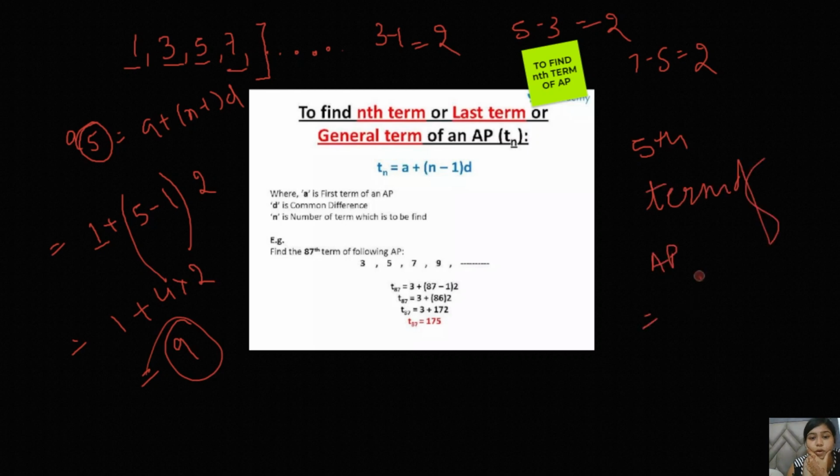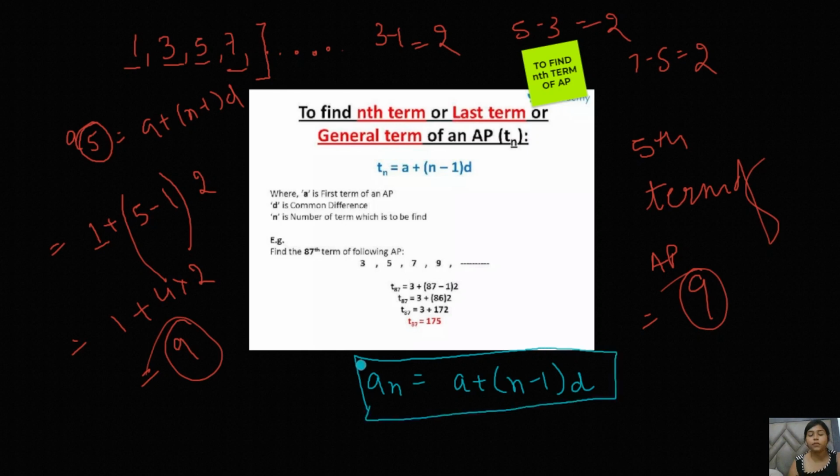We can find it by putting in A, D and N. We should know these values, and this is the formula for finding the nth term: AN equals A plus N minus 1 into D, where A is your first term, D is your common difference, N is your number of terms, and AN is your nth term.